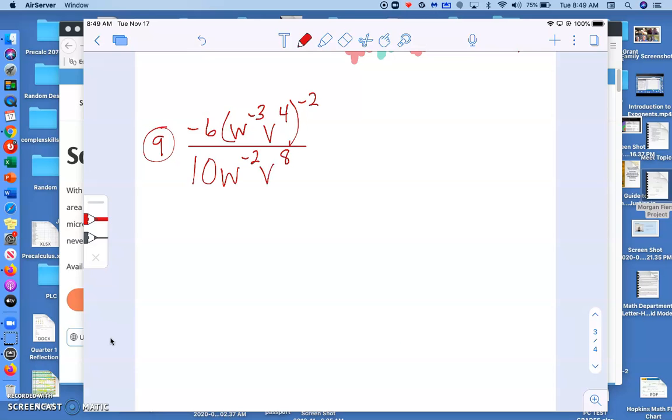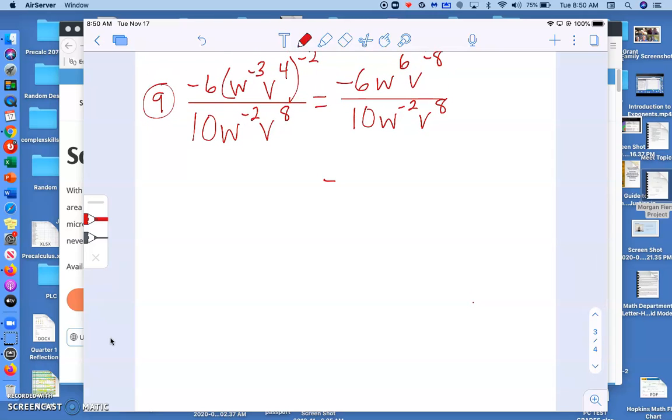So again, I always do parentheses first, so negative 6, this would be w, negative 3 times negative 2 is positive 6, 4 times negative 2 is negative 8, divided by 10 w to the negative 2, v to the 8th.